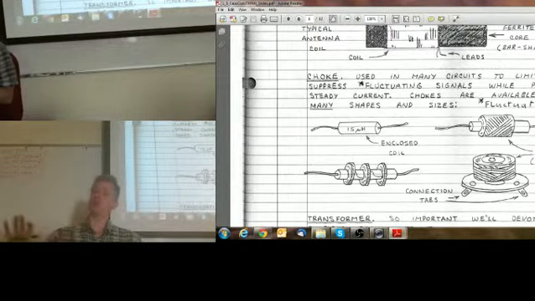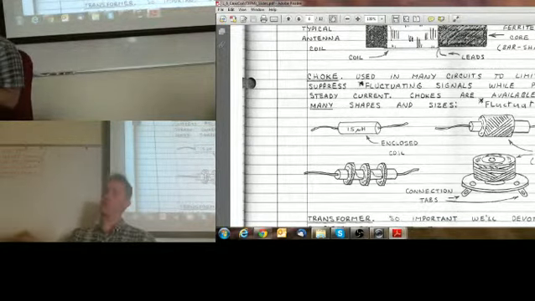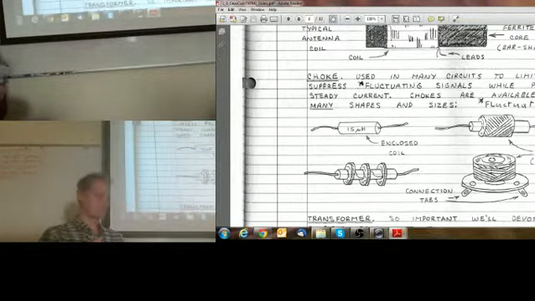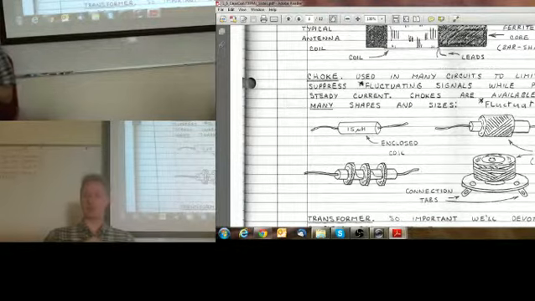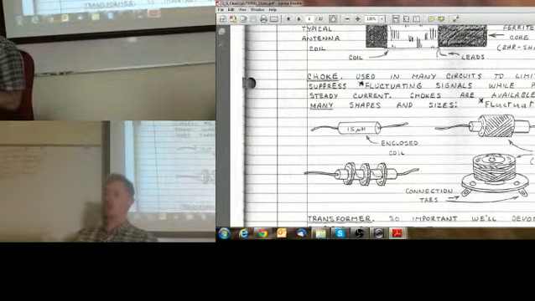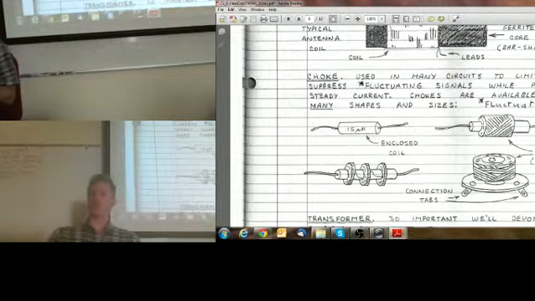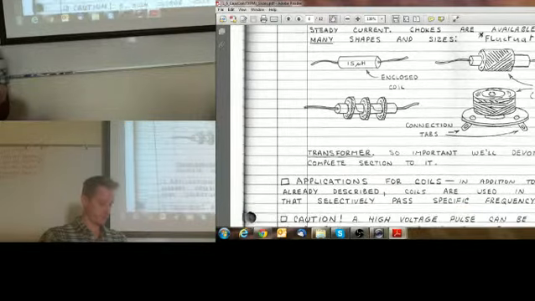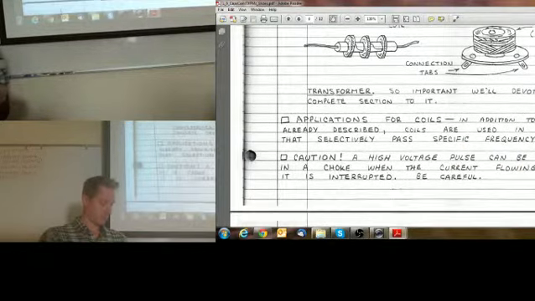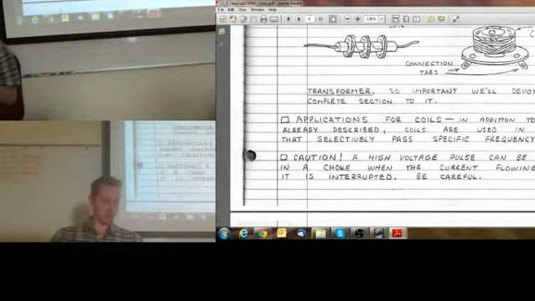It's choking the ability of current or voltage to flow through a certain part of a circuit. And many times in RF we use those to prevent high frequency signals from going in on circuitry that we don't want high signals to be on. And of course the transformer we talked about.